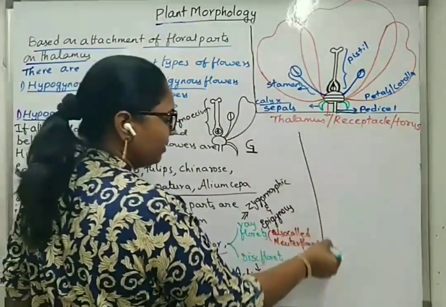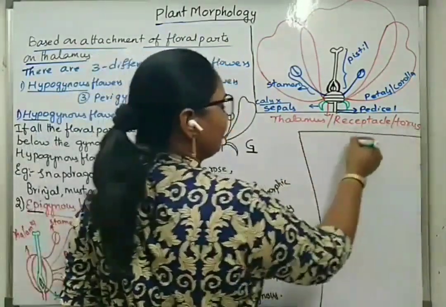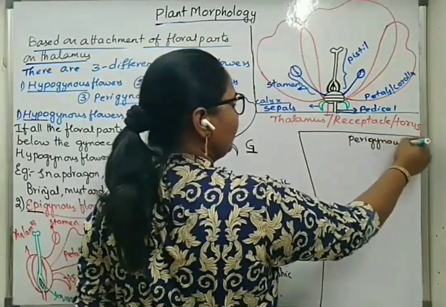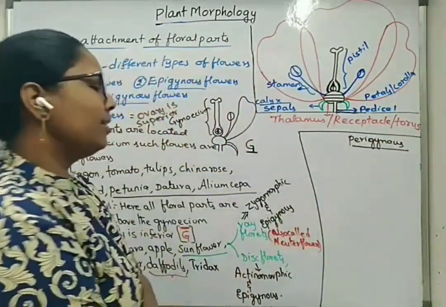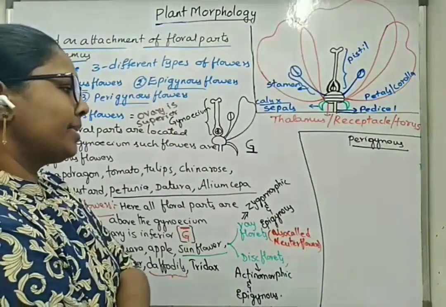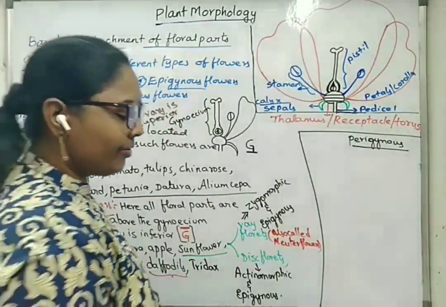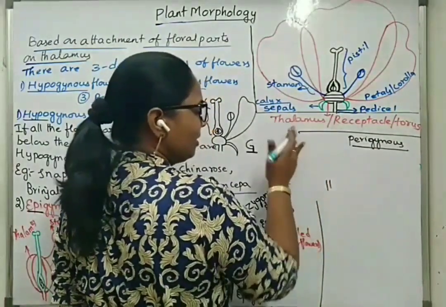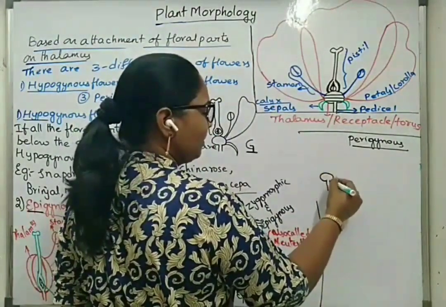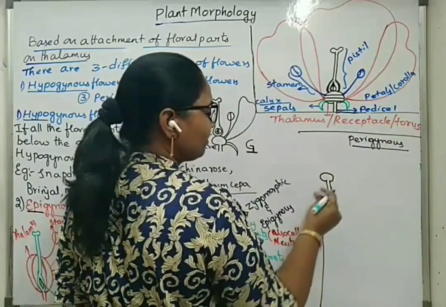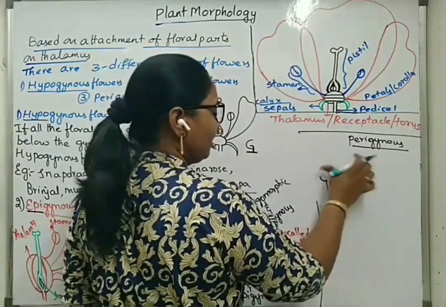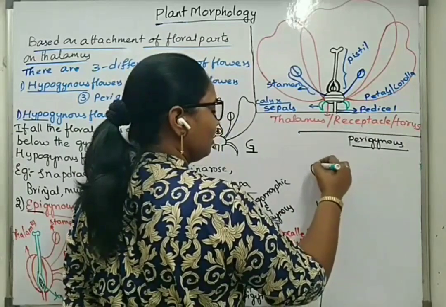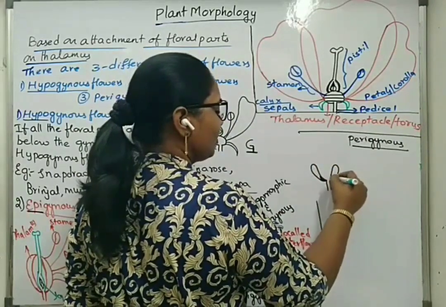Next one, perigynous. Perigynous means all the other stamen, calyx, sepals and petals are located on either side of gynoecium. If we go for diagrammatic representation, if this is a pedicel, thalamus. Now thalamus will be somewhat cup-like.